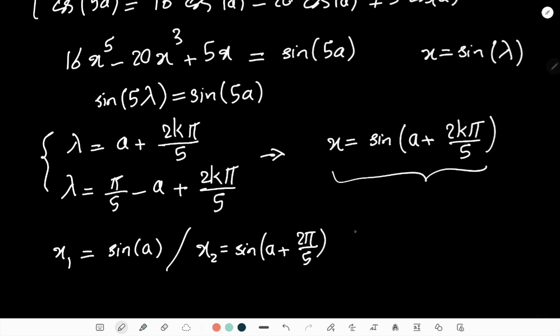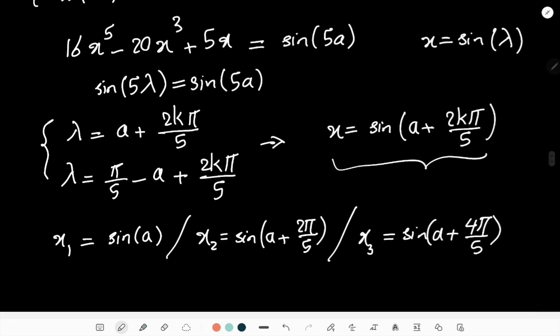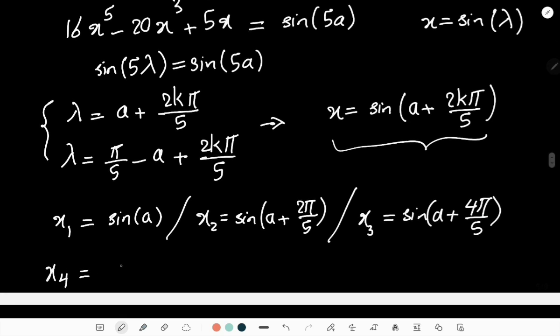Then basically x3 is equal to sine of a plus 4 pi over 5. Then I have x4 is equal to sine of a plus 6 pi over 5.